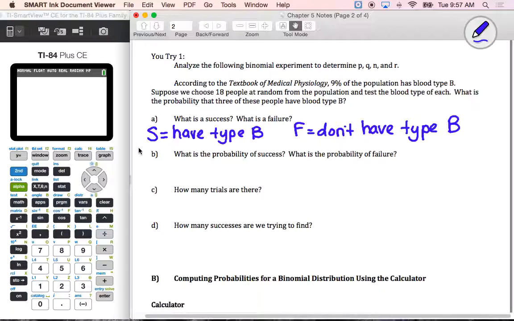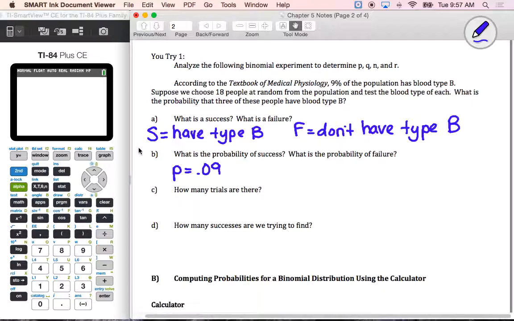For part B, what is the probability of success? What's the probability of failure? Our success was 9%, so that's not 9, it's going to be 0.09. Remember, when you change your percent to a decimal, you move it to the left 2 spaces.